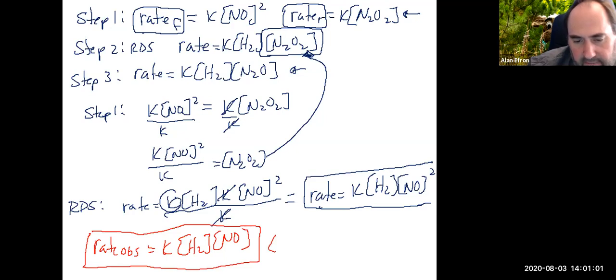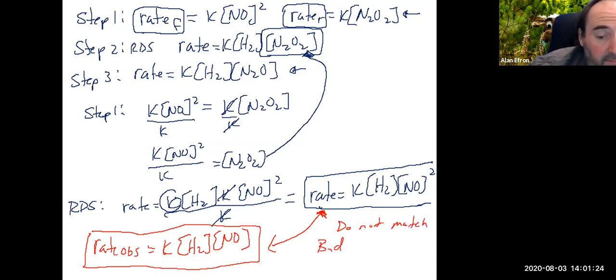This is the one over here that is based off of our mechanism, what it should be. In comparing those two, an apples to apples comparison, we see that they actually do not match in this case, which means this is, for lack of a better word, a bad mechanism.